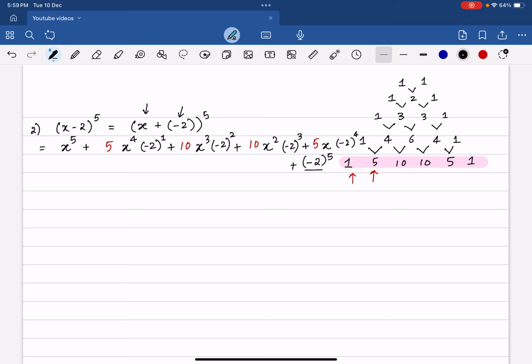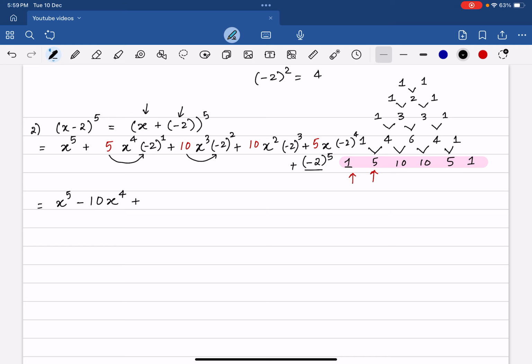So if you were to simplify this, it would look somewhat like this: 5, and then 5 times negative 2 raised to 1. Negative 2 raised to 1 is negative 2. 5 times negative 2 is negative 10x raised to 4, plus you have 10 times negative 2 raised to 2. How much is that?